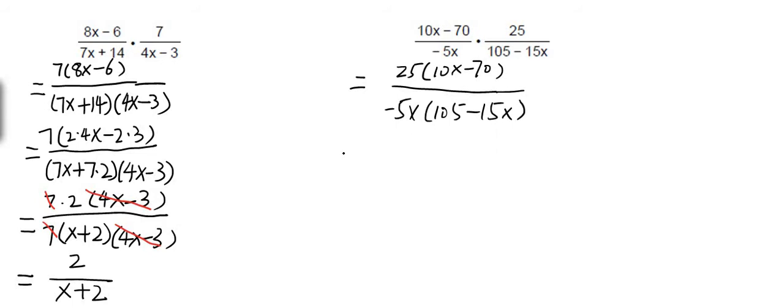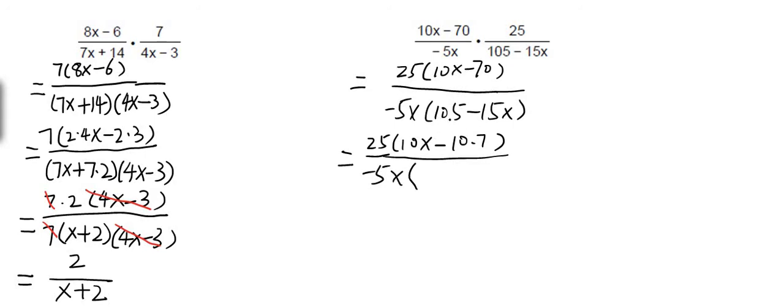Okay, and for the numerator, clearly we can factor the 10x minus 70 because we can easily tell here the 70 can be written as 10 times 7. Okay, and for the denominator we can write the 105 as 15 times 7.